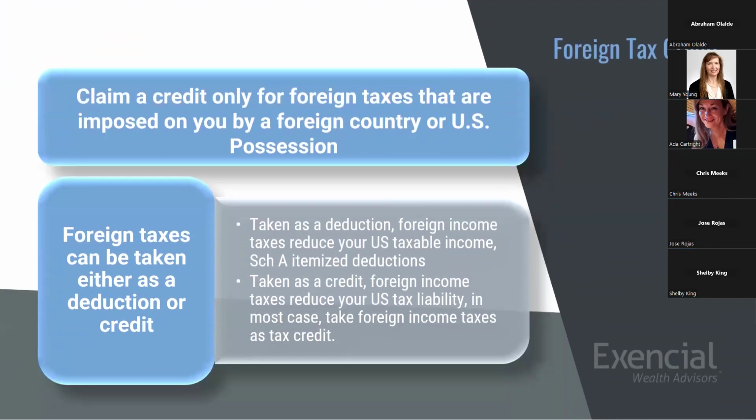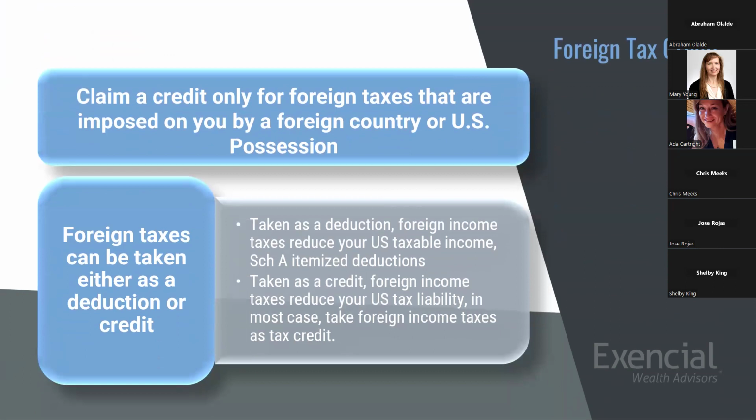So the foreign tax credit, we're not going to go too much in depth into the foreign tax credit for this presentation, but just at a high level, this tax credit comes from foreign taxes you paid. This is going to come from your brokerage statements on 1099s, the foreign taxes you paid on interest and dividends.